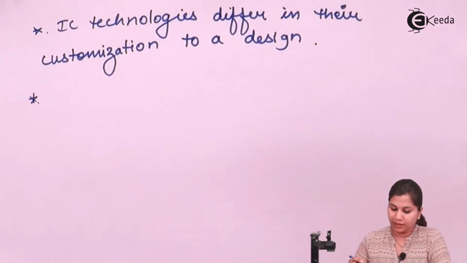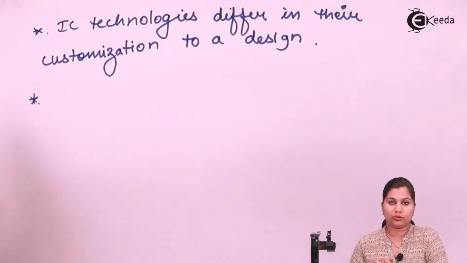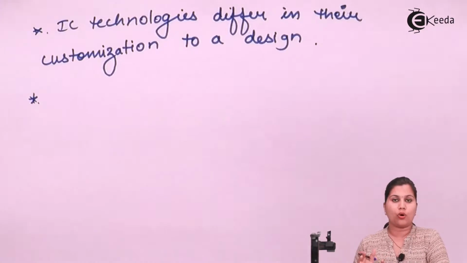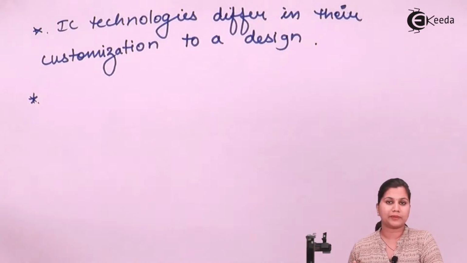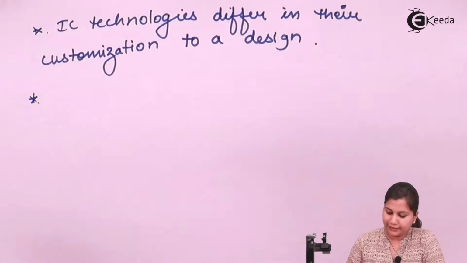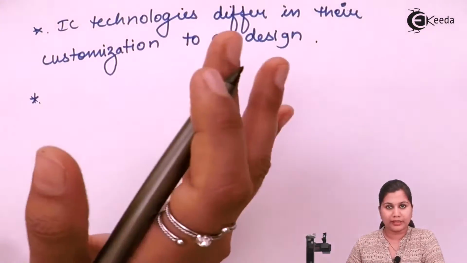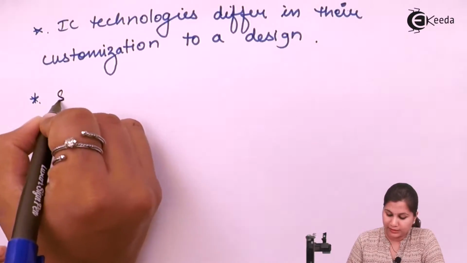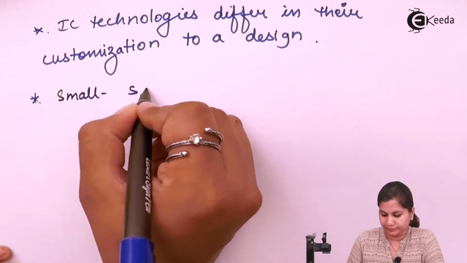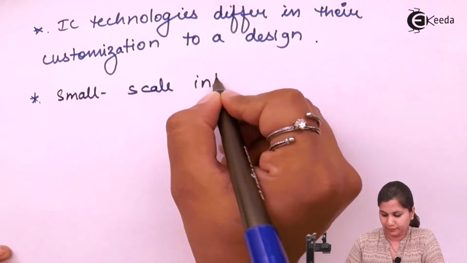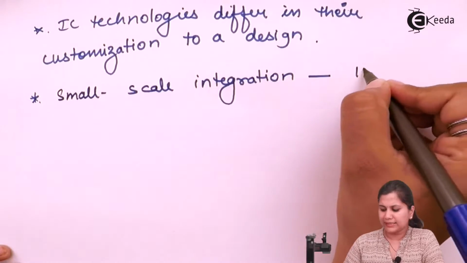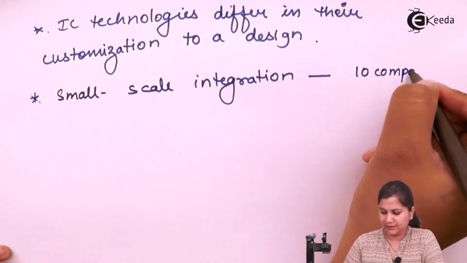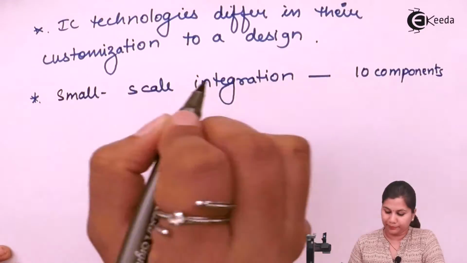Now in an IC, because we know that it is an integrated circuit, the components are present on that single chip. So according to the number of components present on that single chip, there are different integration technologies. If only about 10 components, like 10 transistors, are present, that is called small scale integration.